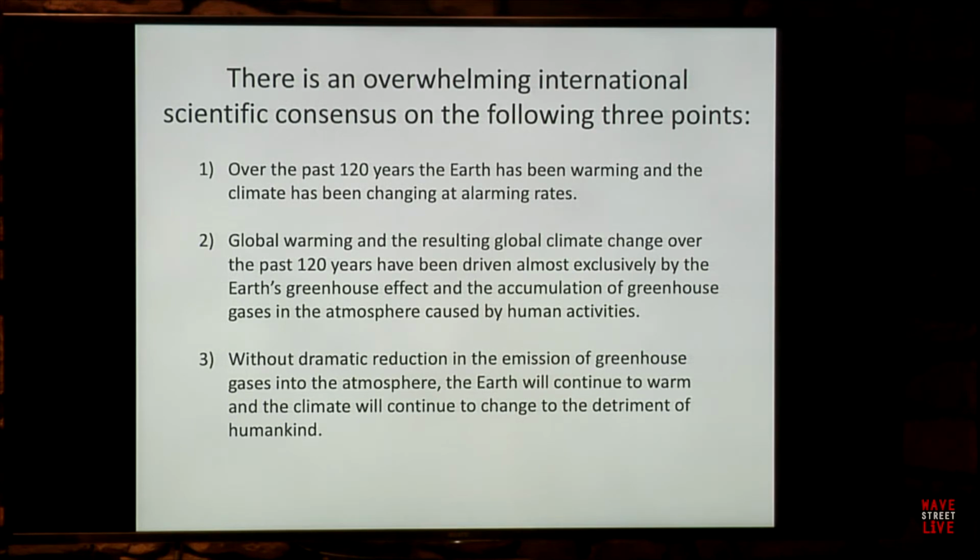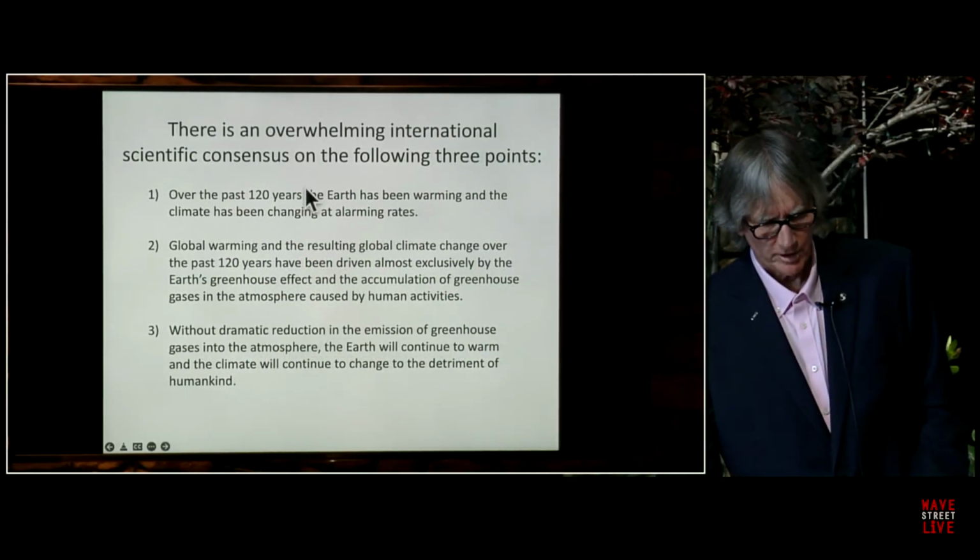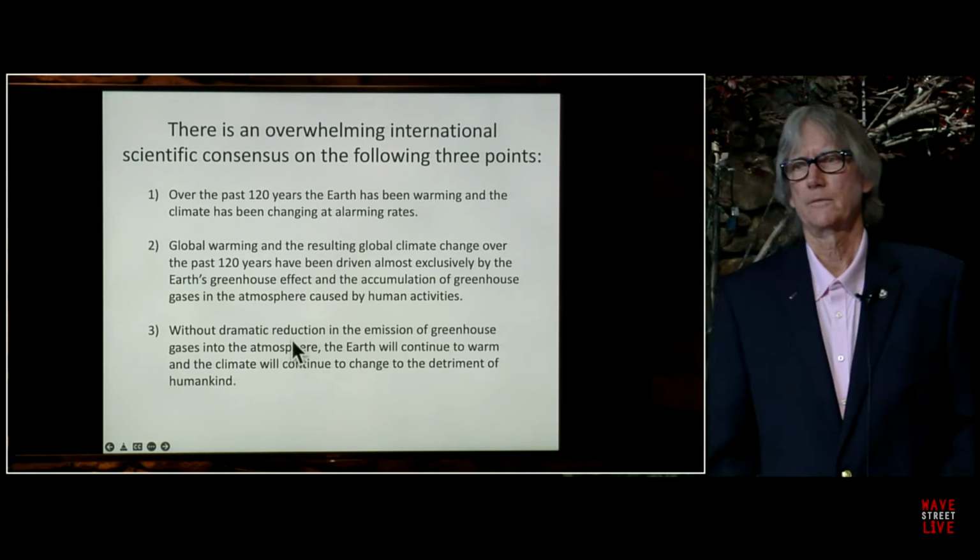And finally, point 3, without dramatic reduction in the emission of greenhouse gases into the atmosphere, the Earth will continue to warm and the climate will continue to change to the detriment of humankind. Stated succinctly, it's happening, humans are causing it, and it's not a good thing.